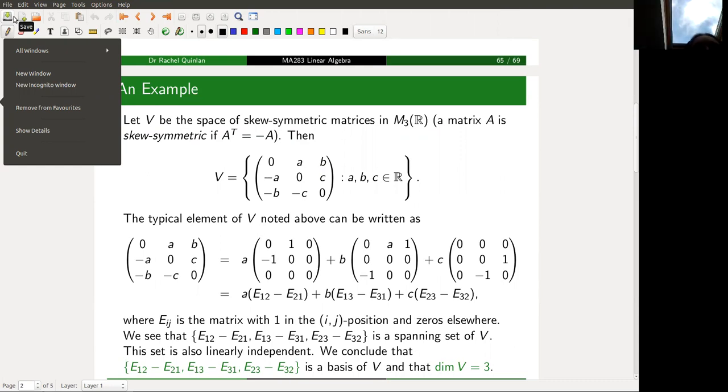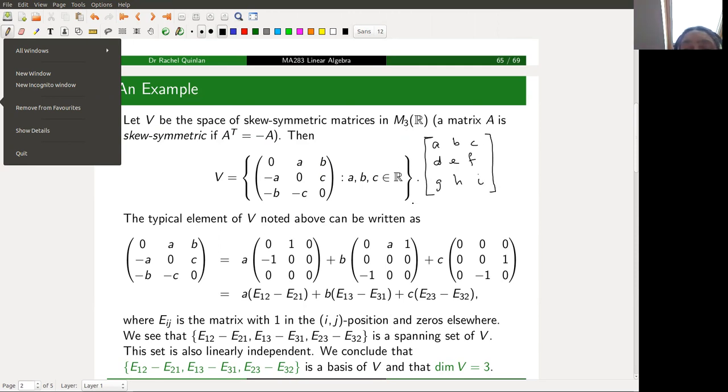But what it means to be skew symmetric for a real matrix, we'll just make a quick note about it. If you have a 3 by 3 matrix, generally it can have entries A, B, C, D, E, F, G, H, I, if the entries are all completely independent of each other.